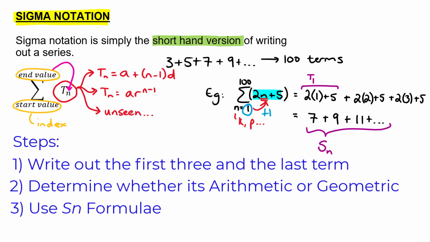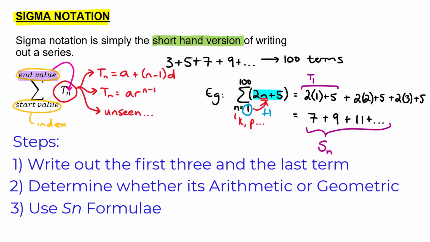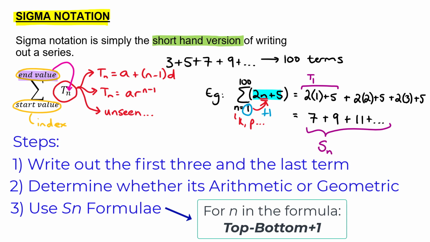But the important extra step that comes in here when using your Sn formula is that the number of terms that you are summing up does not necessarily equal the end value at the top. Instead, there's another formula you've got to learn that will tell you the number of terms: take the top value, or the ending value, subtract the start value, or the bottom number, and add 1.